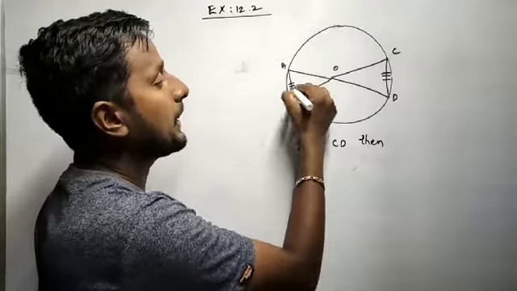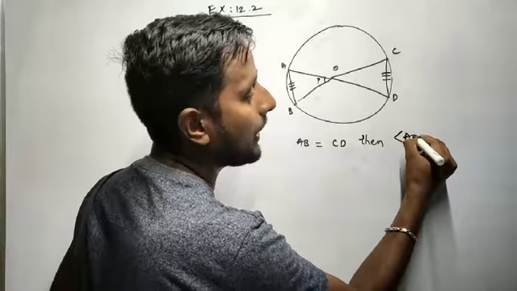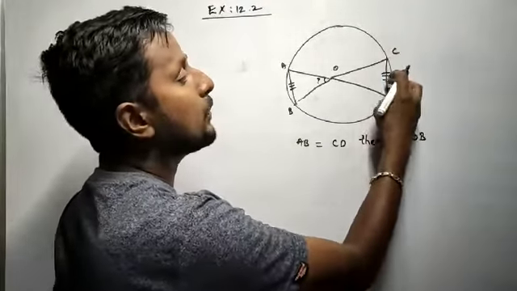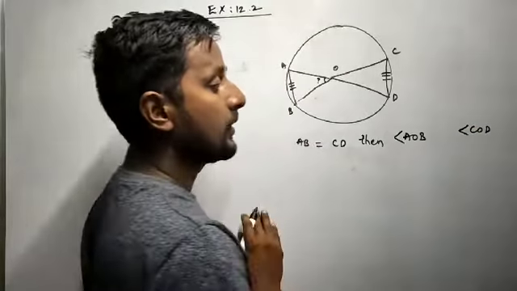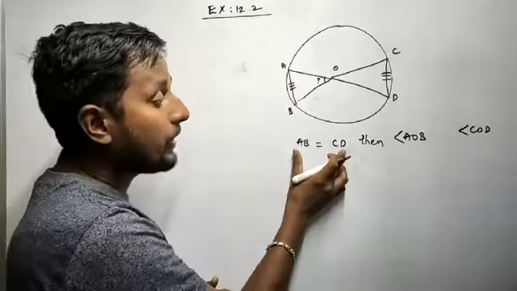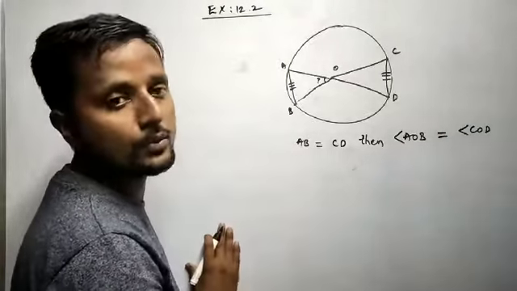The AB chord makes angle AOB, and the CD chord makes angle COD. So when two chords are equal, the angles they subtend at the center are also equal.